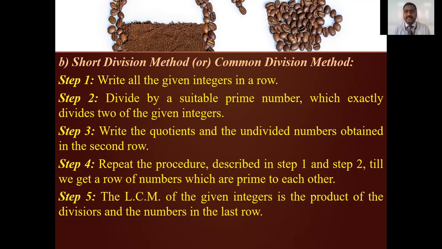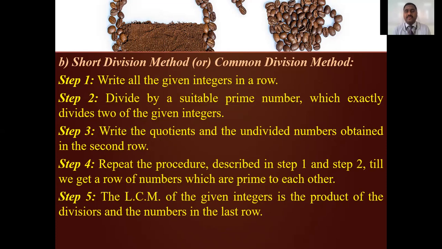Whereas in the LCM division method, we have to put all the numbers together, and then divide by using primes. For example, we have the numbers 12, 14, 18, 24. Whereas in HCF, 24 is divided by 12, the highest number divided by the smallest number.